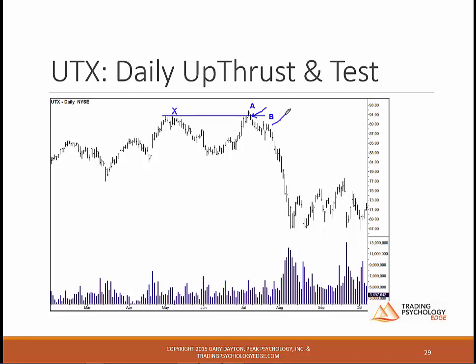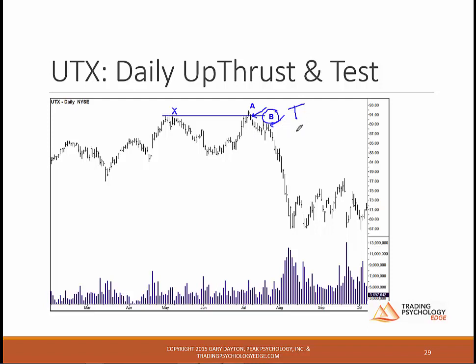Another entry would be on the test of the upthrust, but frankly, we don't always get a test of the upthrust. The test is the more conservative play, and that's fine. I have no qualms about that.